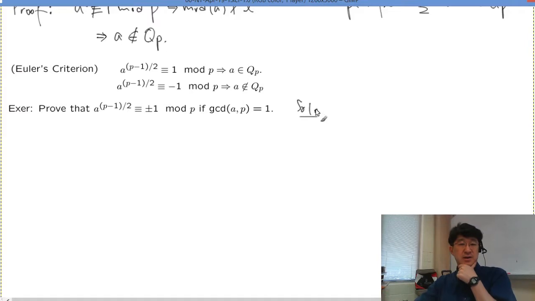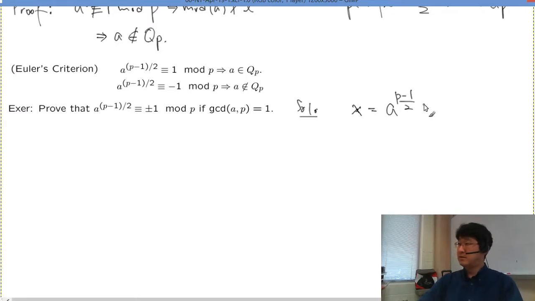There's no other choice. A little bit tricky, but here's what I want you to look at. I think Keely already did it. X equals a to the p minus 1 over 2, right? And then she squared it. That's the key. She squared it and observed that something's going on here.